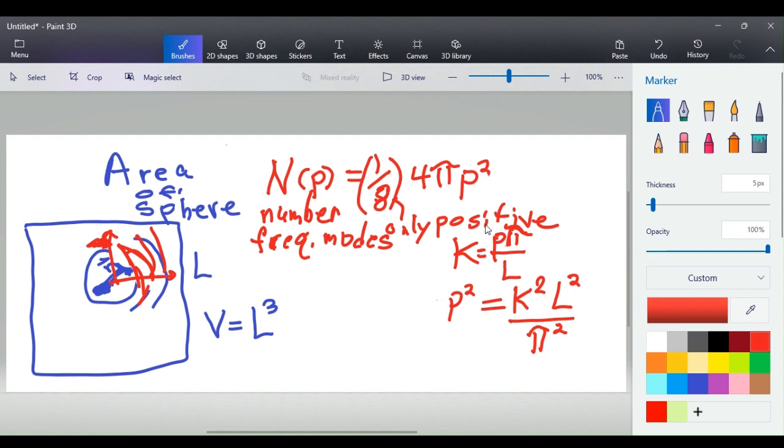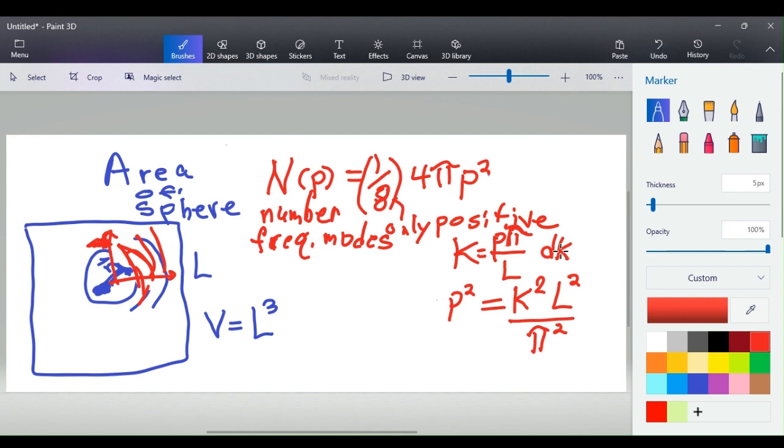Let's see if that all works out. Okay. Then if we say dk, now, whoa, that's a differential. What's going on here?